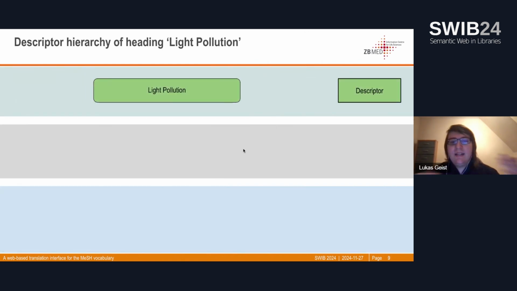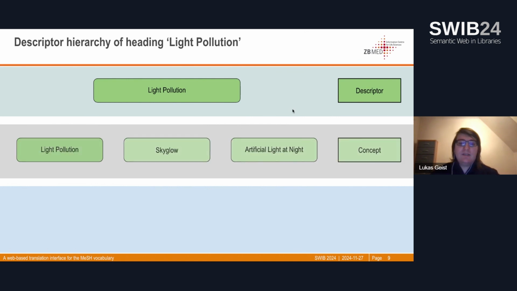So basically we have three layers. The first one would be the descriptor, as I said, light pollution. Then we have the concept layer, which are concepts that are related to the descriptor themselves, and each of them has their own preferred label as well. In this case, light pollution has three concepts in total. One of them would be light pollution itself, then sky glow, and then artificial light at night.